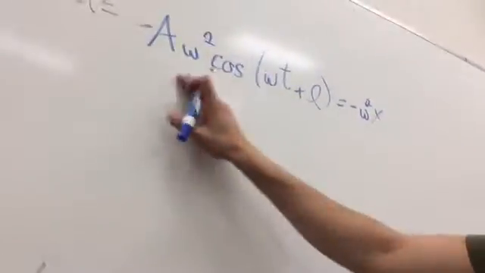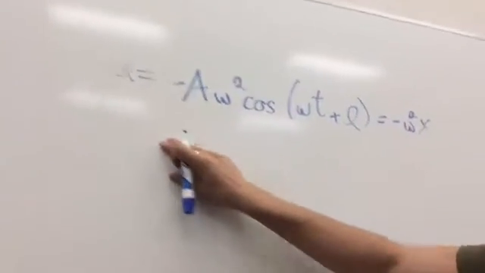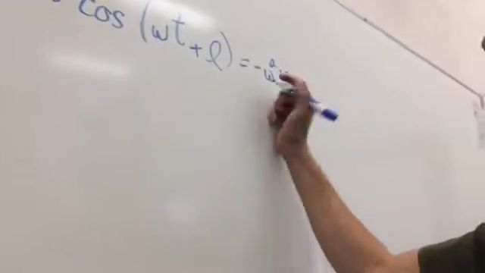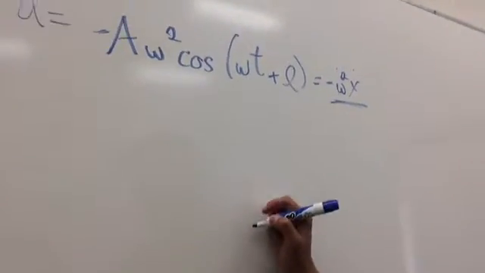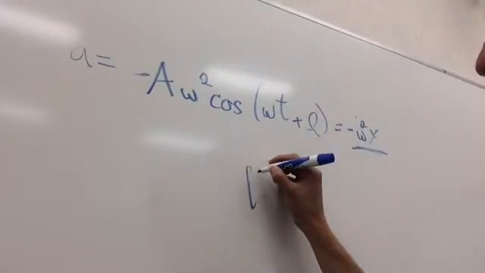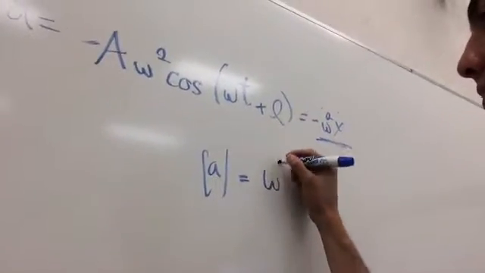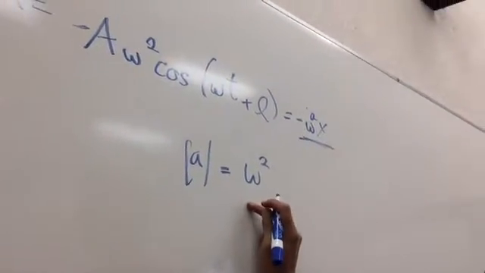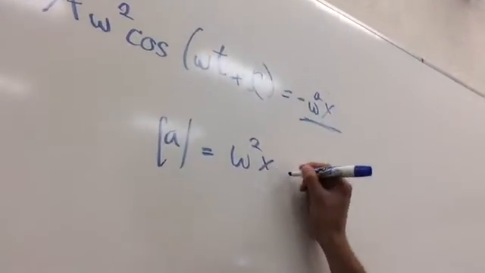By knowing this, we can write that the acceleration in magnitude is equal to omega squared, the square root of 50 squared, times x.